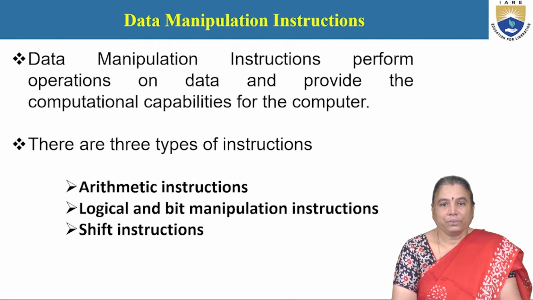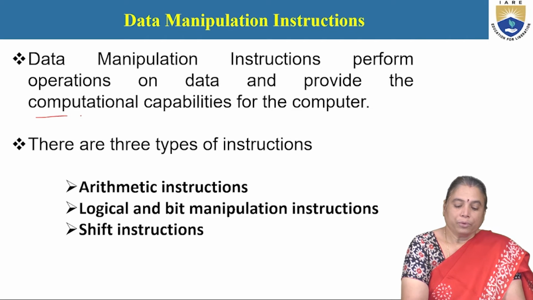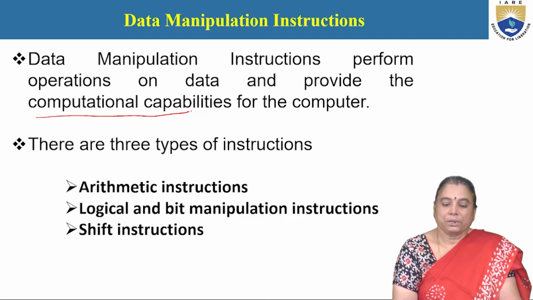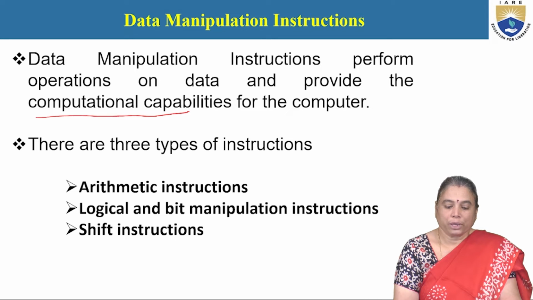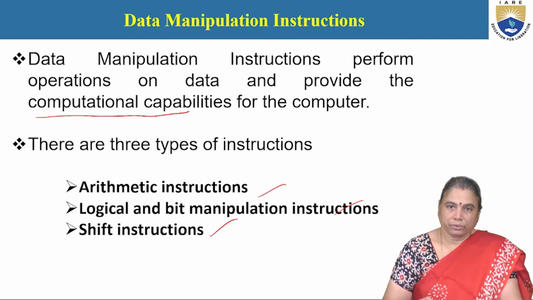The next variety of instructions are data manipulation instructions. These are provided to facilitate computational capabilities for the computer. Three types of instructions are there: arithmetic instructions, logical or bit manipulation instructions, and shift instructions.